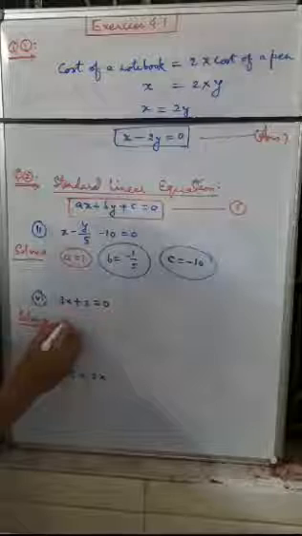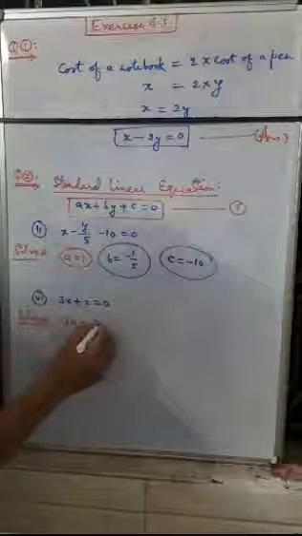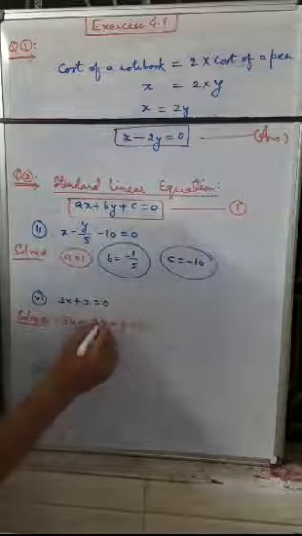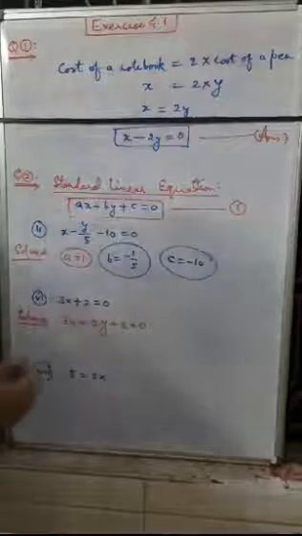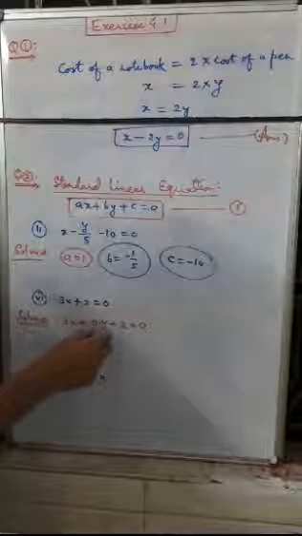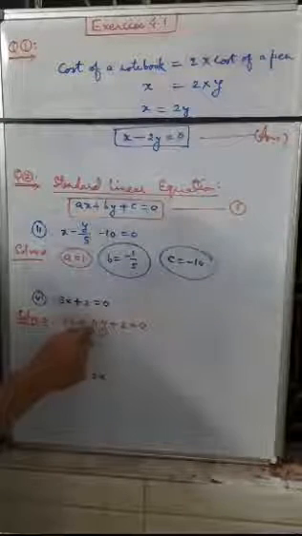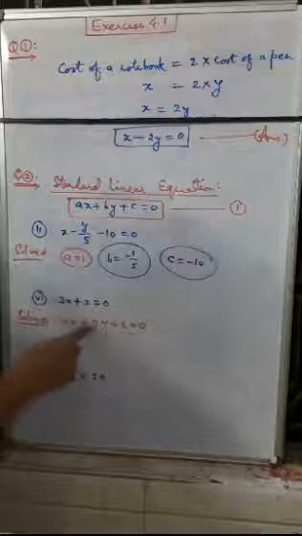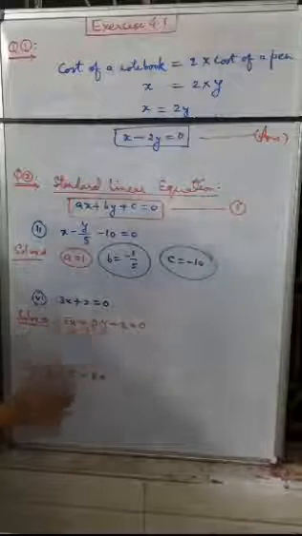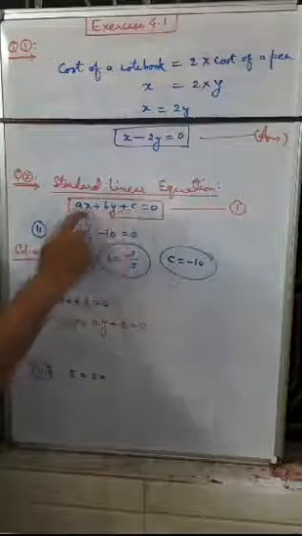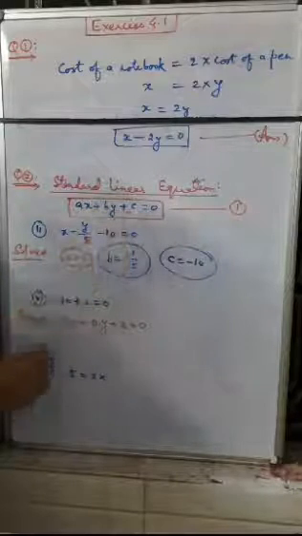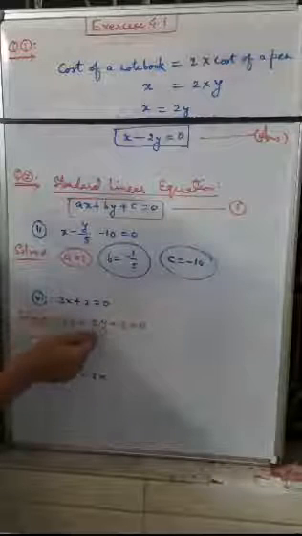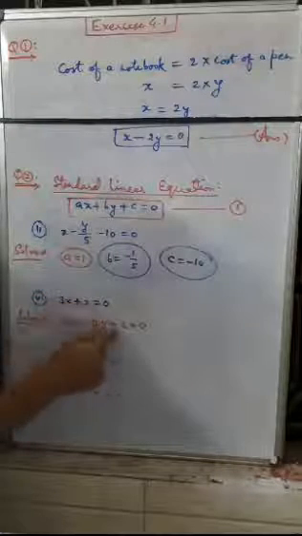We copy the equation 3x plus 0 into y plus 2 is equal to 0. 0 into y is 0, since the product with 0 is always 0, but we have to write the equation in standard form ax plus by plus c is equal to 0. So we write 3x, then there is no term of y, so we write 0 into y, then plus 2 is equal to 0.